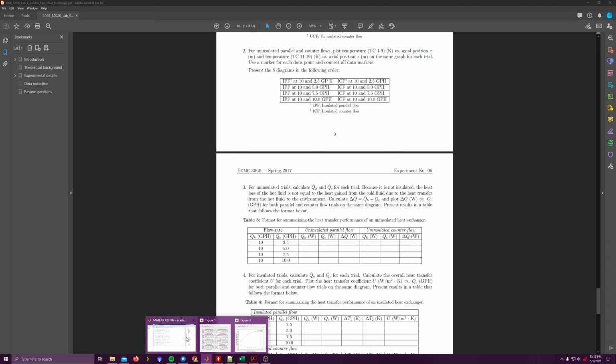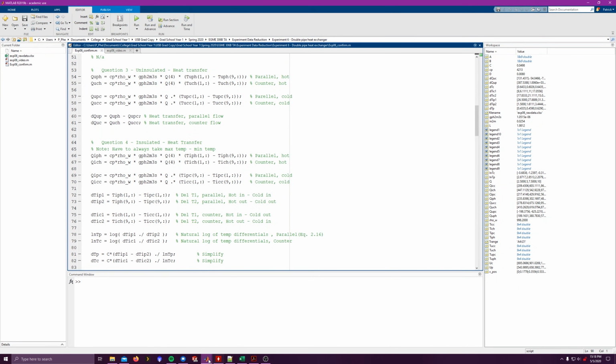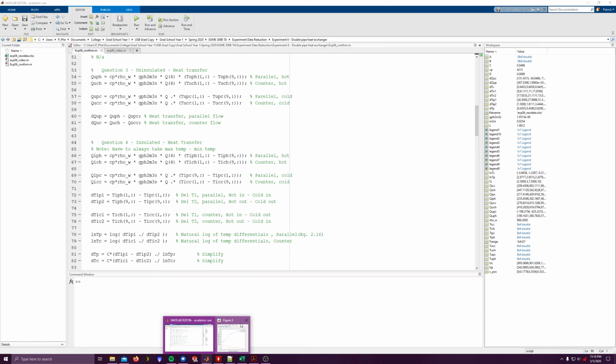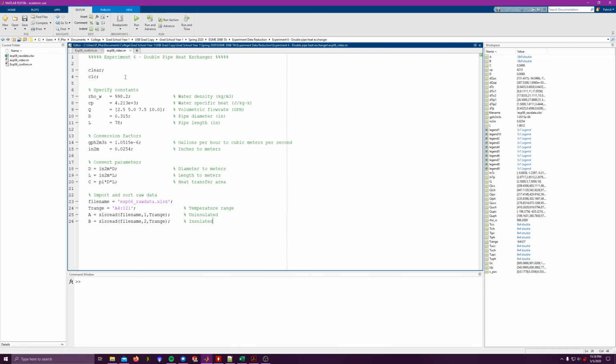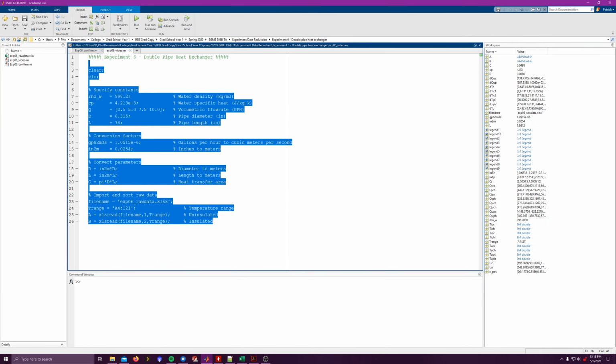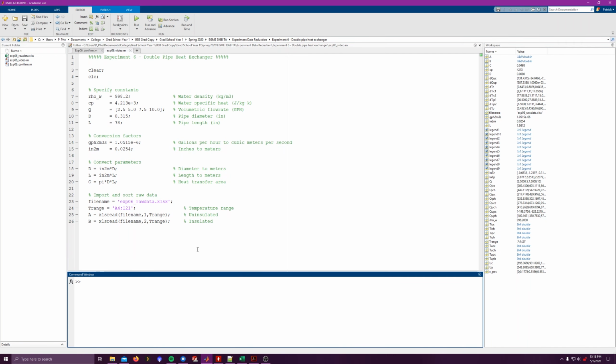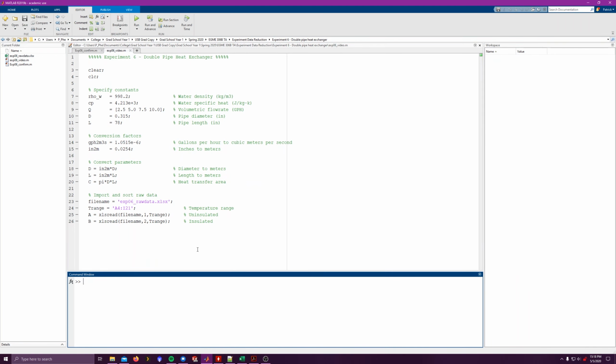So let's go to Matlab. Add my graphs open here. Alright, so right now, all I've done, let me clear this all out. Okay, so right now, all I've done is, like usual, have our experiment here. I'm clearing the memory, specifying some constants.